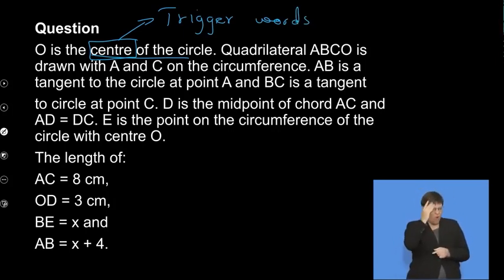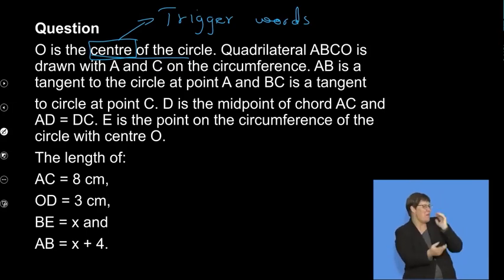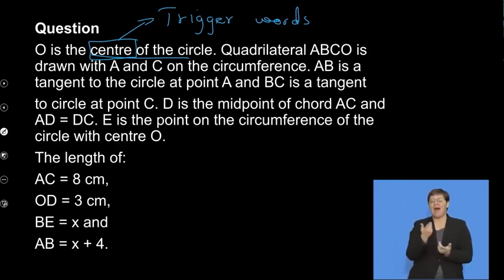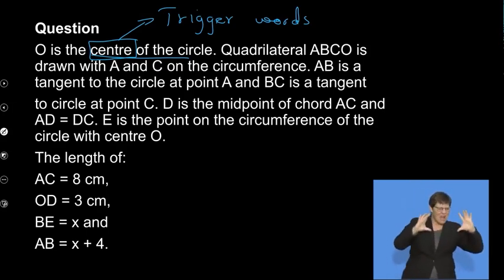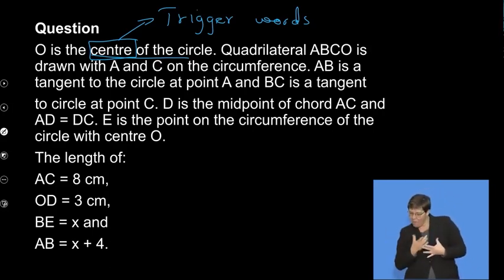You need to be able to know what they're triggering you to think about. So you don't just read it as though it's a novel. No, every important word like a center, quadrilateral, on the circumference, all those things are important because they are telling you something that is implied based on the theorems that we know.